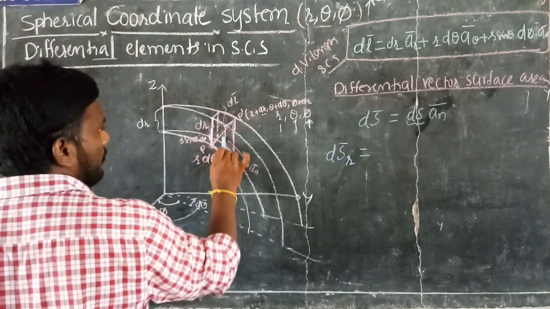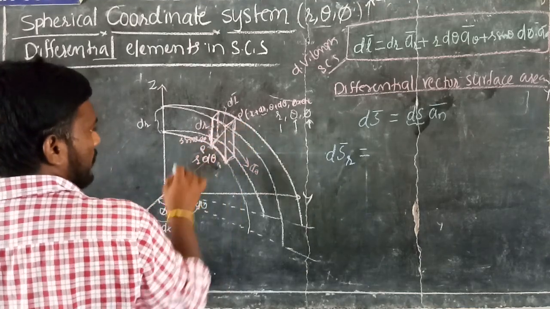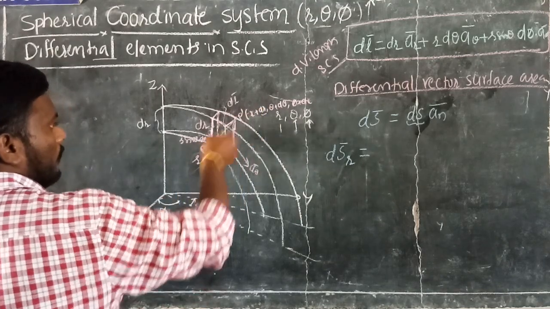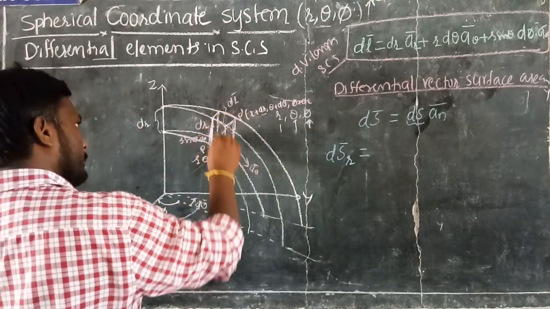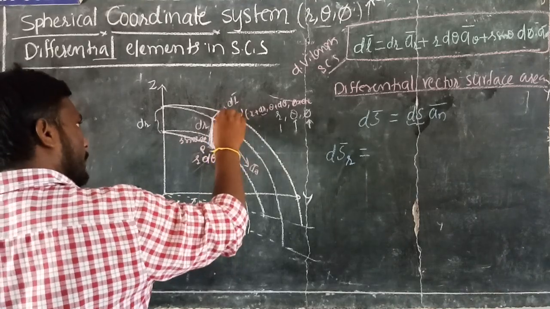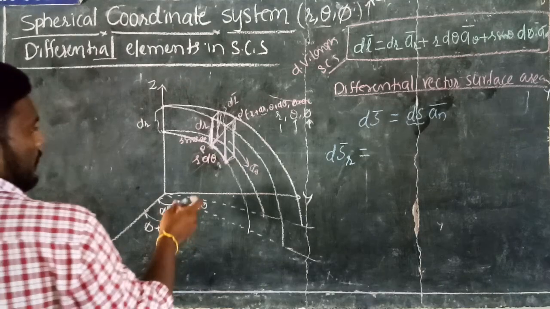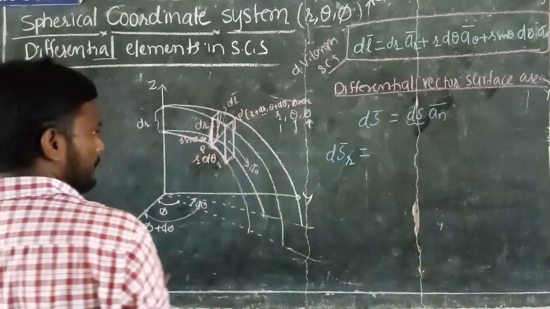The front surface and back surface are the two surfaces which are perpendicular to the sphere radius. That means this one and this one.